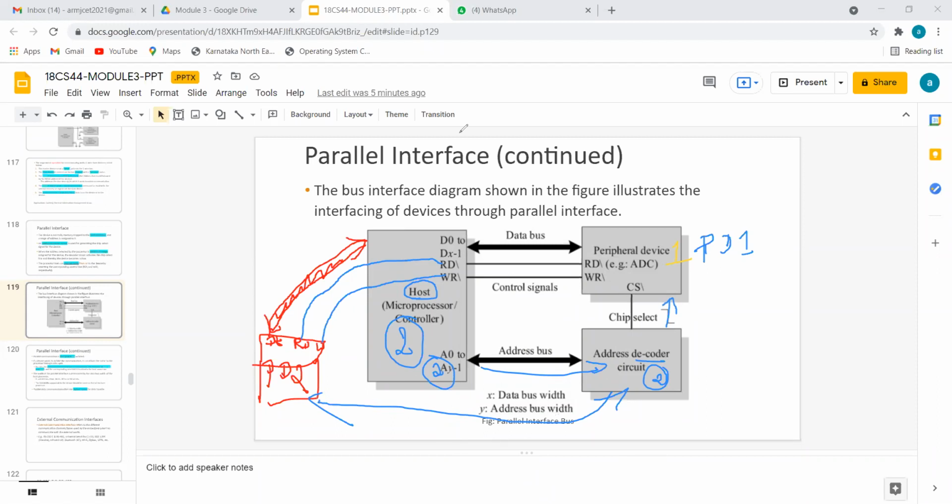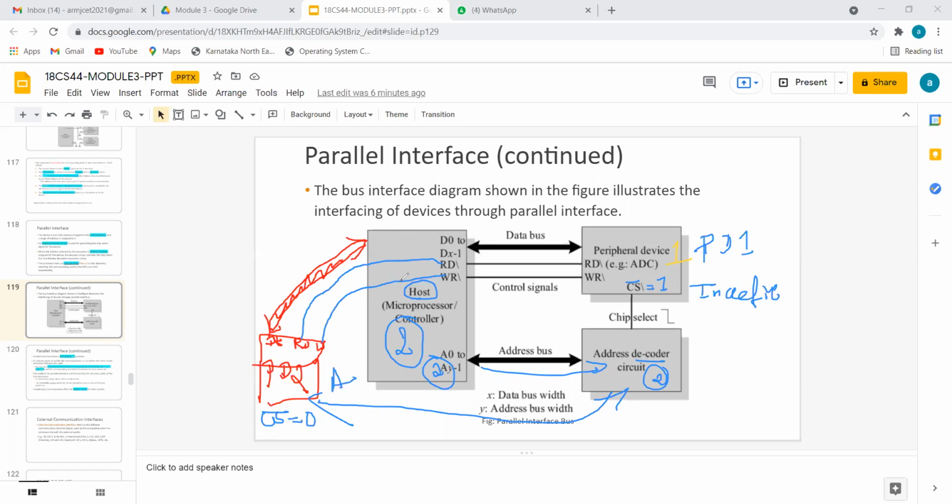Okay, so suddenly the chip selection of this device 1 is set to 1. 1 means what? It's CS bar. CS bar becoming 1 means this PD1 is inactive. So this CS bar will become 0, that means active.